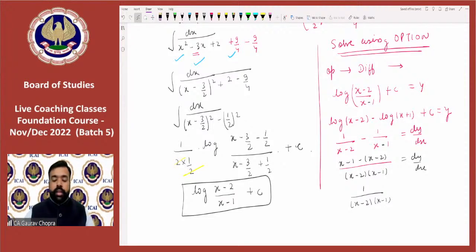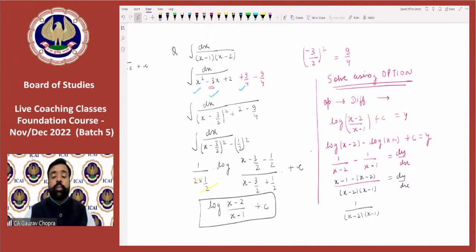Whenever the numerator is 1, we can convert this into whole square, apply the formula of x square minus a square, and then get the result. And the second way was to solve using options. If we differentiate the option and we reach the given function, that means that option is correct. All right.